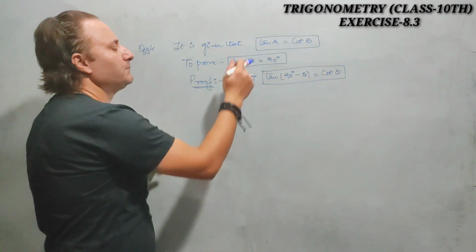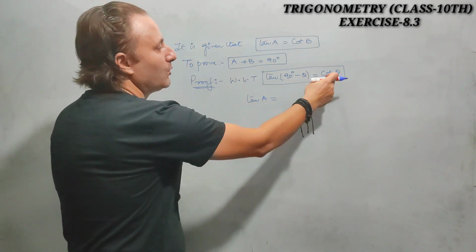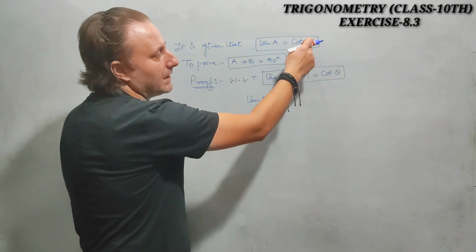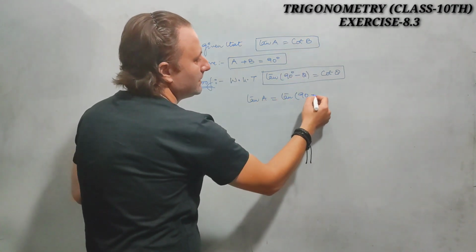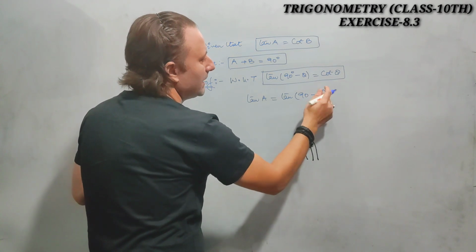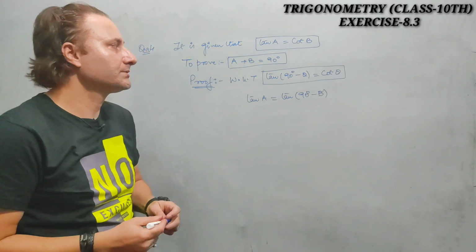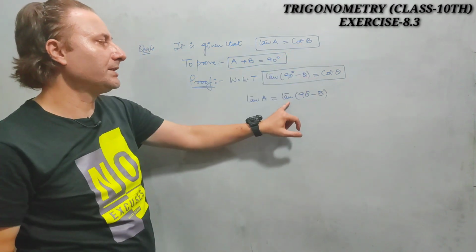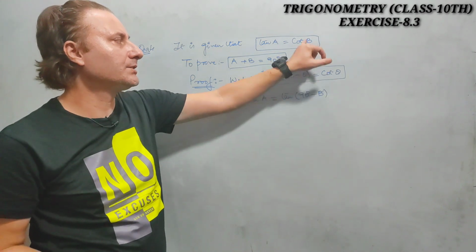Let the tan A remain as it is. Now cot theta is here, we have cot B. I can write this as tan 90 minus B. Any problems? I don't think so. Why? Because tan 90 minus theta is cot theta.